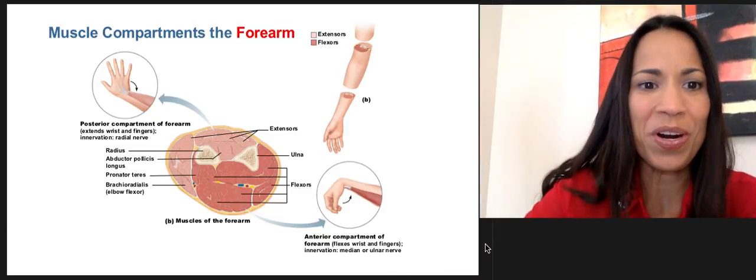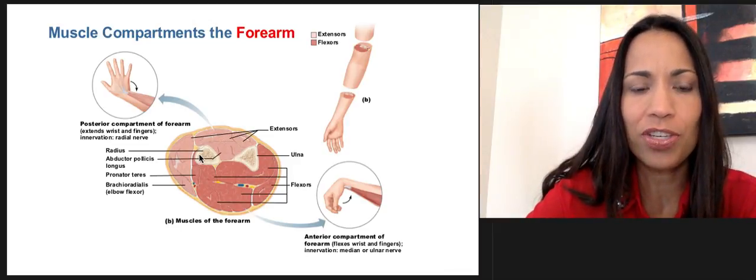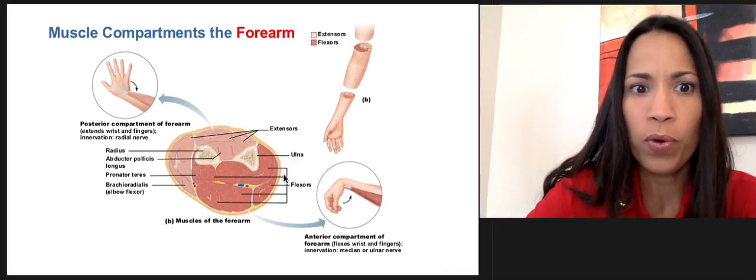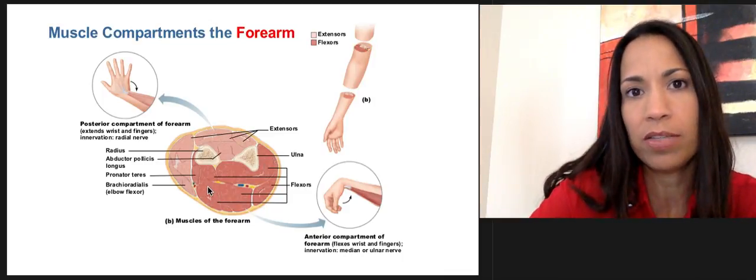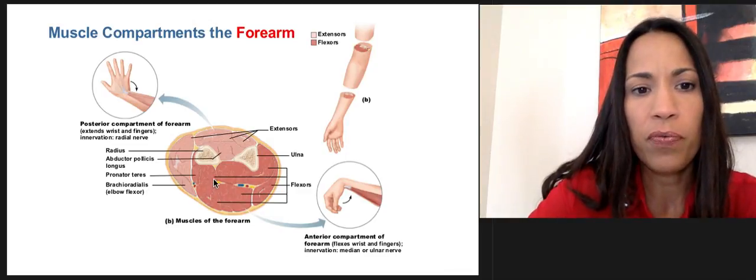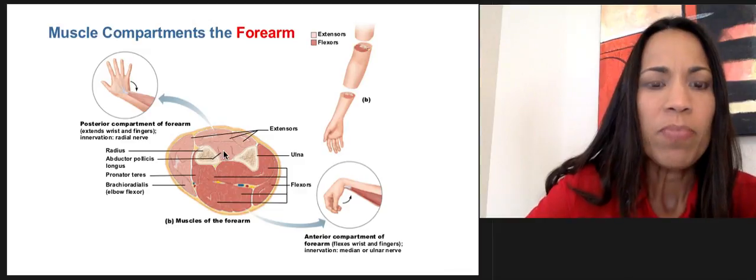On the forearm, we didn't describe this picture. In this picture again, we have the cross section through the forearm, so we can see the radius laterally located, and this is the ulna. All the muscles anterior to these bones are the anterior compartment of the forearm, and they're subdivided. We'll study that in the lab.